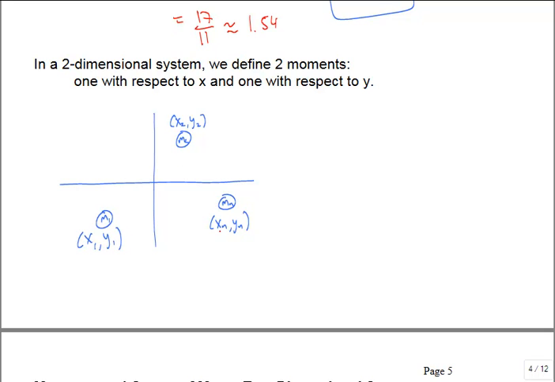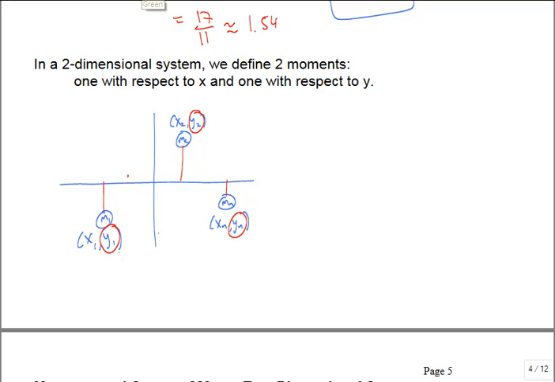So if these are my 3 masses here, my moments about the x-axis are going to be the masses times their positions away from the x-axis. So that would be this distance away from the x-axis, which corresponds to this y-coordinate, this distance away from the x-axis, which is this y-coordinate, and this distance away, which is this y-coordinate.